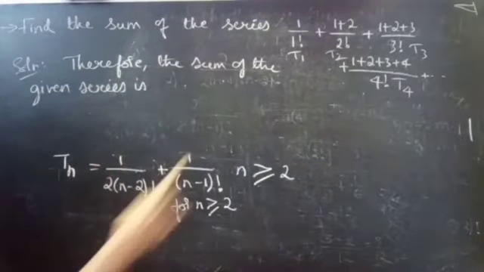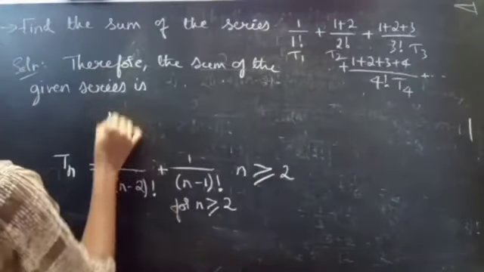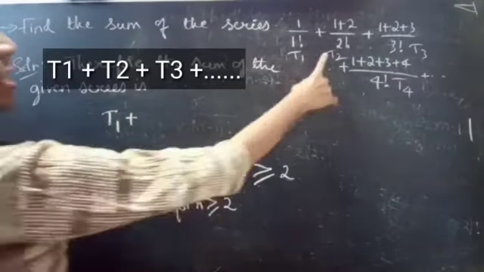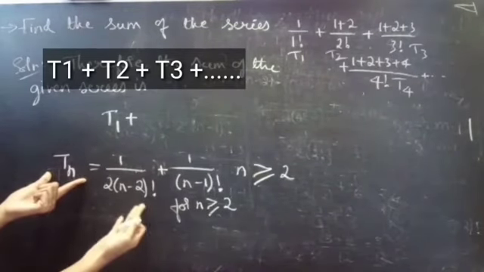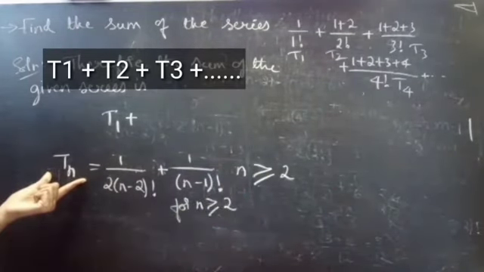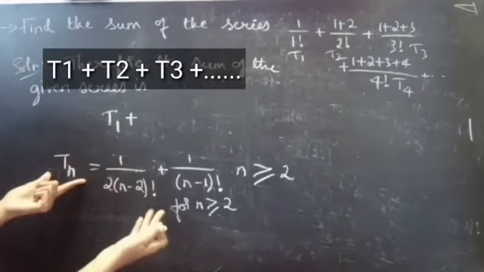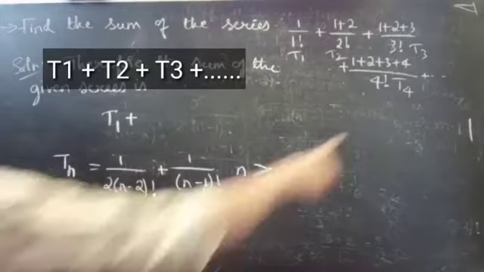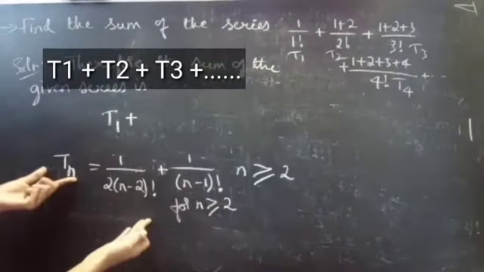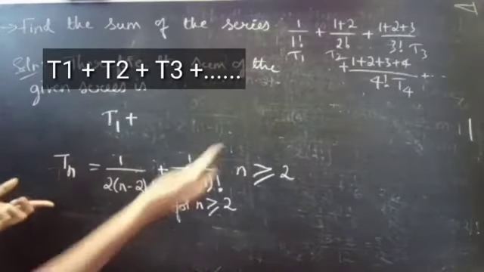you're having T1 plus T2; for n equals 2, Tn is applicable, right? Tn holds for n equals 2, and you're having T3, obviously for n equals 3, Tn holds, and T4 for n equals 4, Tn holds. Just now we have seen all this.